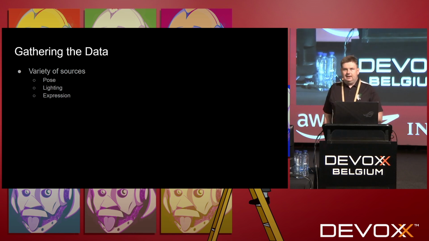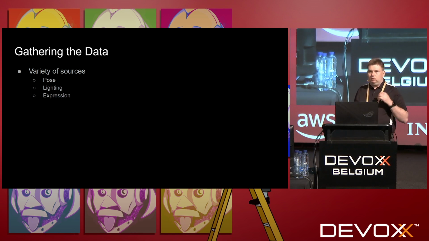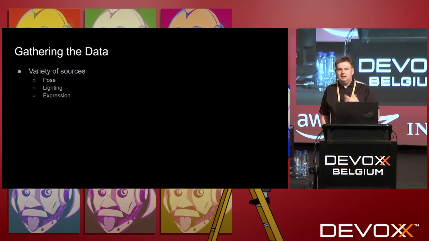Gathering the data, along with the next step, extract, will take the most actual personal time, the most time of you actually doing the work on it. So gathering the data, you do need a variety of sources. You need to get videos and images from different places, with different pose, lighting, and expression. Pose would be where the face is, how it's oriented, which direction it's facing, things like that.